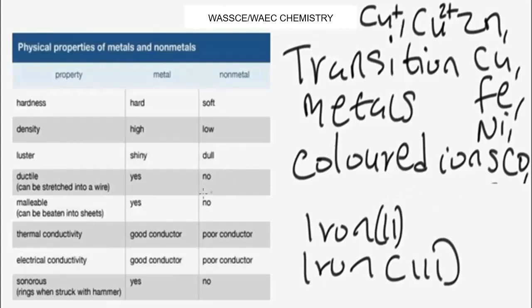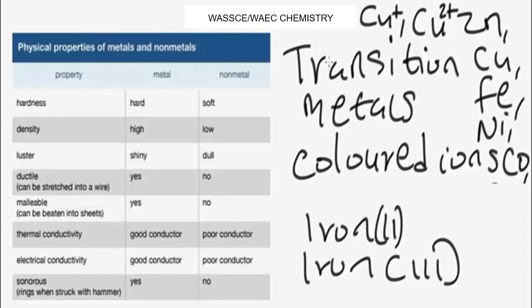Note again that just like metals, for transition metals as well, the physical properties of metals, including their hardness, their high density, their shiny nature, and the rest of them, can also be found in transition metals, since they are also metals.